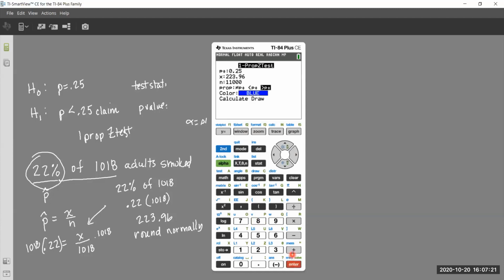There's the 223.96. That's going to round up to 224. We know we're talking about 1,018 adults. And then this symbol this time is a less than symbol. So we're going to move over to the less than, enter to lock it in, and then go down to calculate.